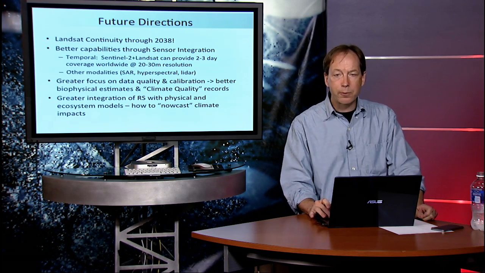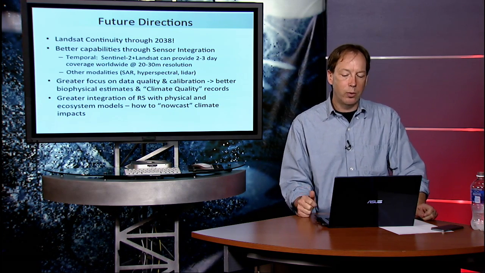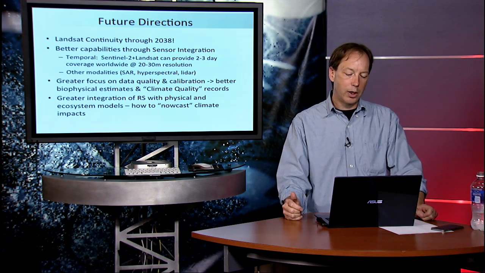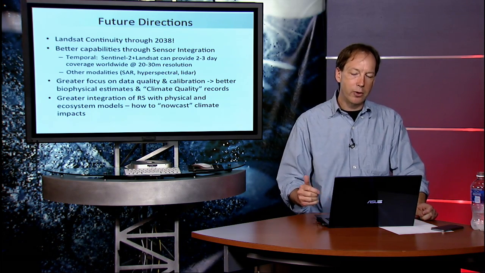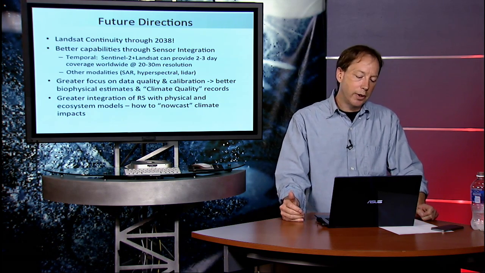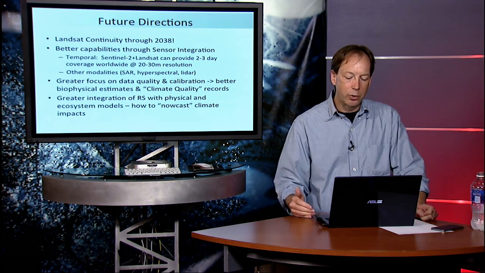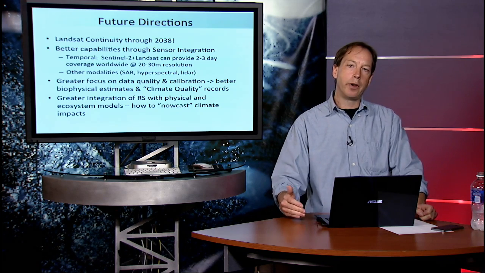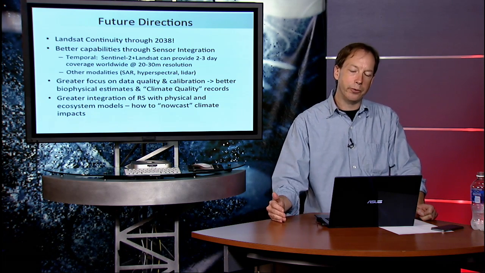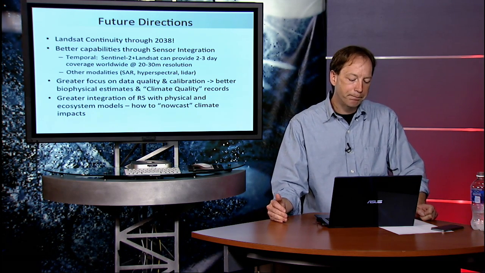I think there's going to be a greater focus, there still is a greater focus, on data quality and calibration. This leads to better biophysical parameter estimates and more stable products. So these are the climate quality records that we want to get to in order to chart long-term changes through time.